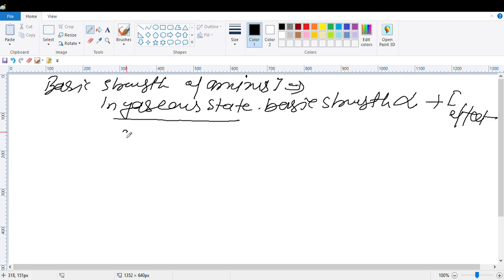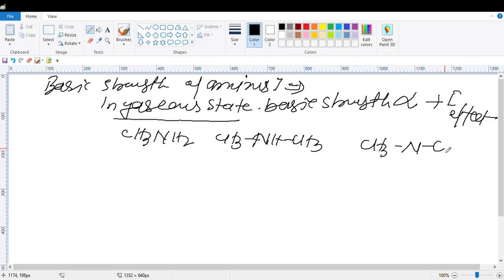Like we are taking CH3NH2, CH3NHCH3, CH3NCH3 with CH3. N has a lone pair which will donate its electron pair. That's why it is basic in nature.